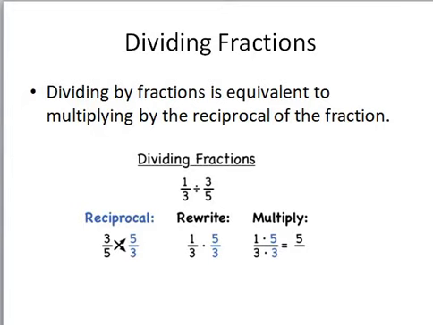I convert my division into multiplication, on the condition that I take the reciprocal of the fraction that comes after the division sign. The fraction before the division sign, I don't touch; I leave it as it is. So 1 over 3 divided by 3 over 5 equals 1 over 3, never changed, multiplied by, instead of division, the flipped number, 5 over 3.